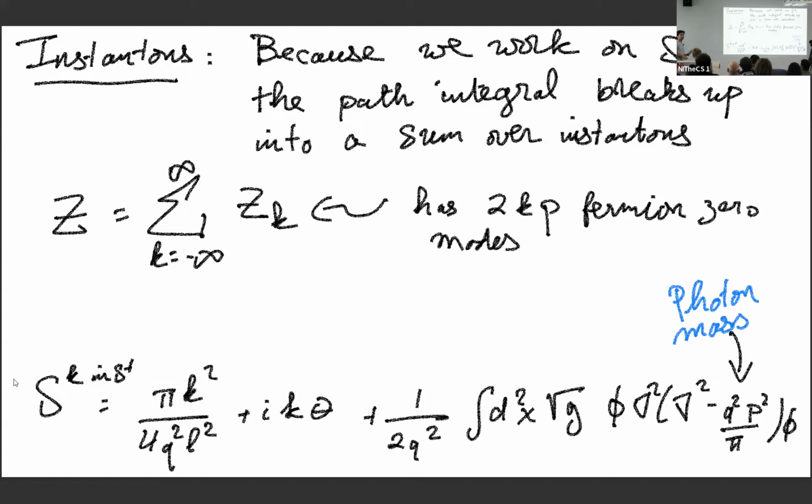This is the first place where you could show that gauge symmetry doesn't protect the photon from developing mass. And that analysis remains valid even if you put it on the sphere.